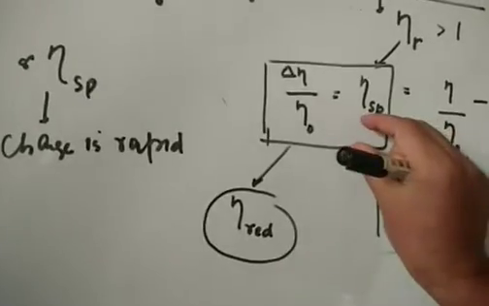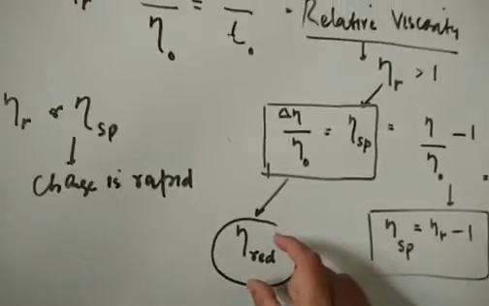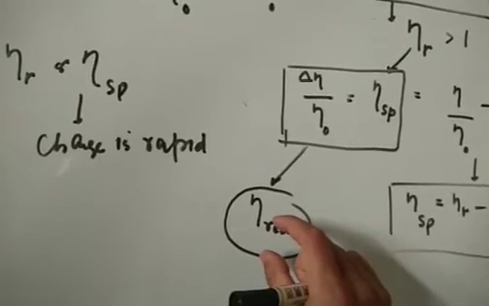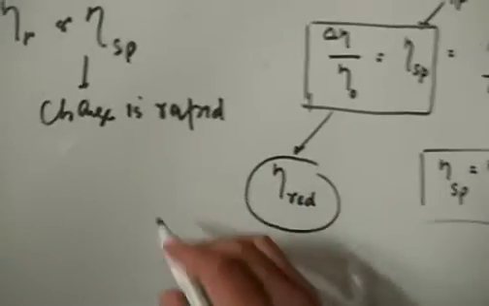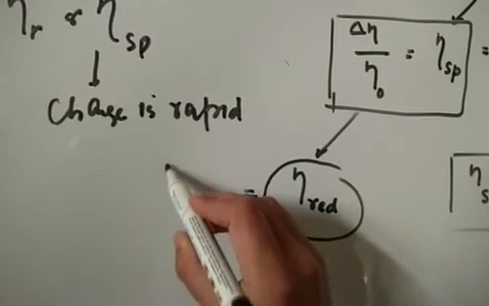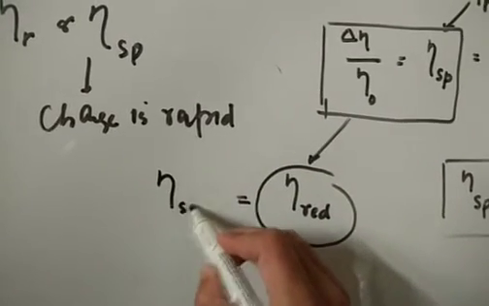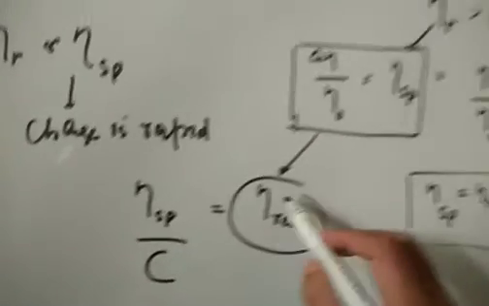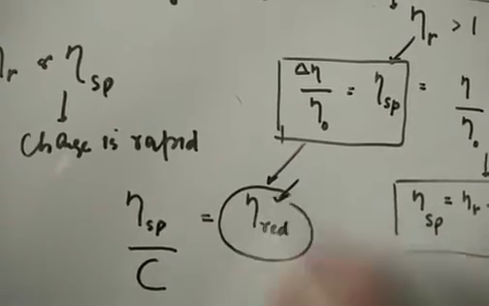So how can we convert the specific viscosity into the reduced viscosity? We divide the specific viscosity by the concentration, and that term is the reduced viscosity.